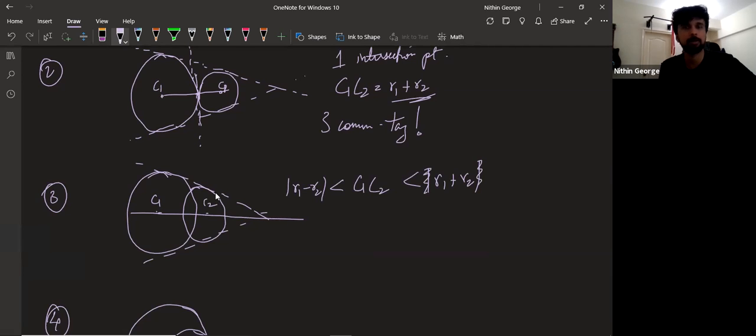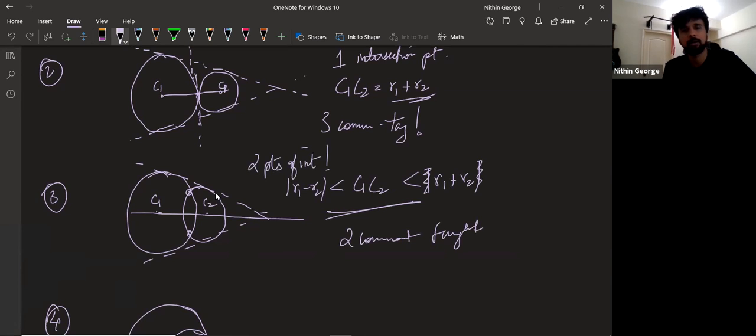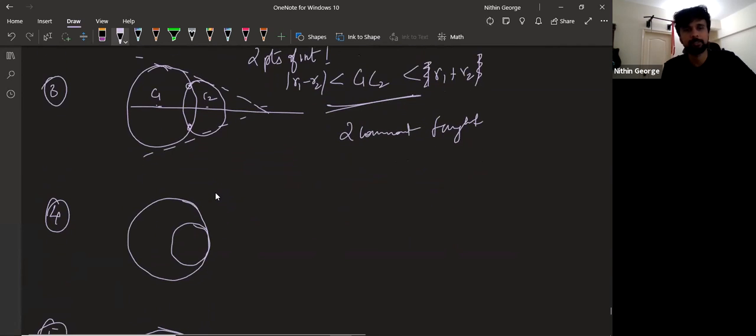This modulus is not required. Just remember this: this is such a case where C1C2 is greater than R1 minus R2 and lesser than R1 plus R2. You have 2 common tangents and 2 points of intersection.